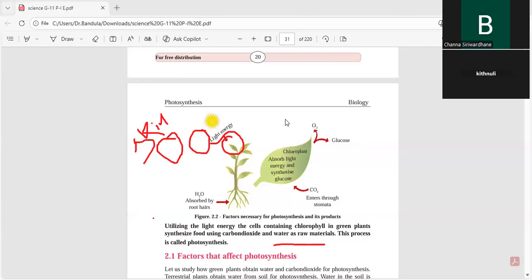Right? That carbon dioxide is from the air and the water is from the soil.